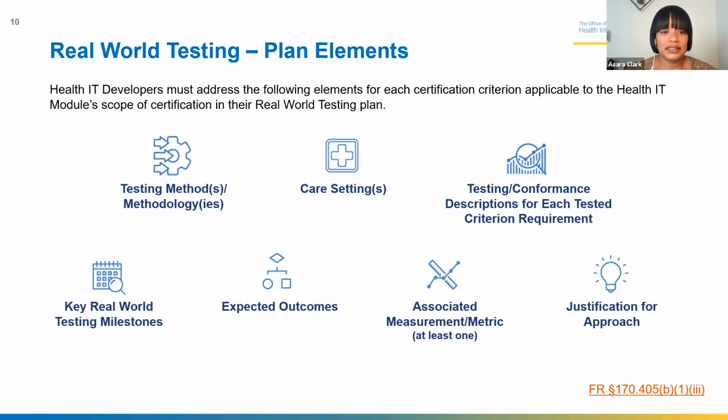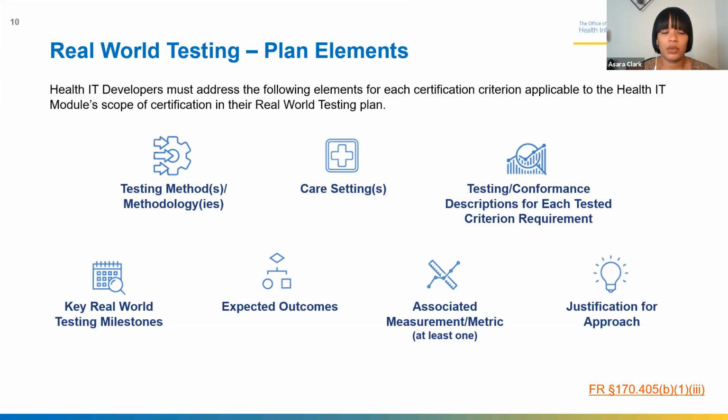And those are the testing methods and methodologies that the health IT developer will use in their approach, the care setting types that they will cover, descriptions of how they will test the conformance of each certification criterion, key real-world testing milestones, expected outcomes from real-world testing, the associated measures and metrics.